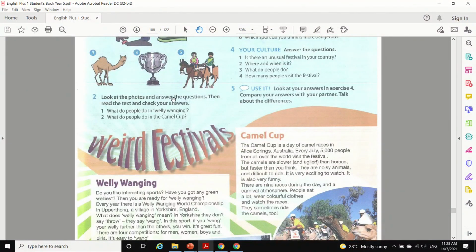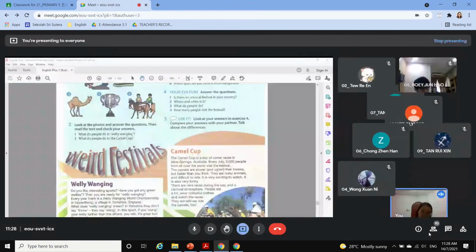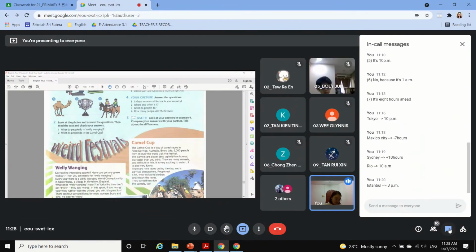Look at the photo and answer the question, then read the text and check your answer. What do people do in valley wanging? And what do people do in the camel cup? Okay, for the first one, what do people do in valley wanging? That is, they throw Wellington boots. Okay, later you will read about this valley wanging.